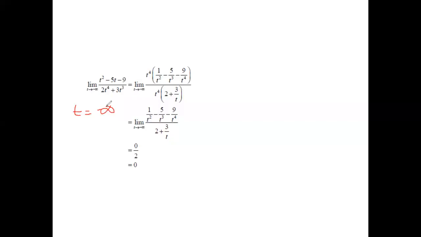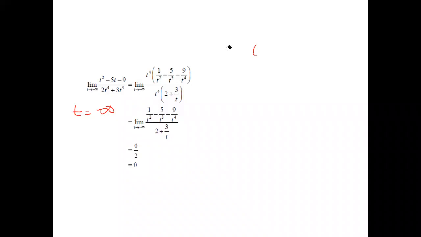First, we need to do some investigation. If we are finding the limit as t approaches infinity, let me clean this first. We want to just do an investigation.